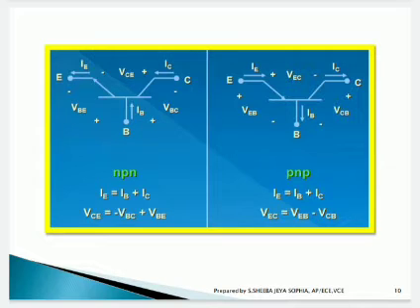And corresponding to the PNP, emitter side acts as the input and collector acts as the output. So the total current IE is equal to IB plus IC, and voltage VCE is equal to minus VBC plus VBE, and for PNP, VEC is equal to VEB minus VCB.